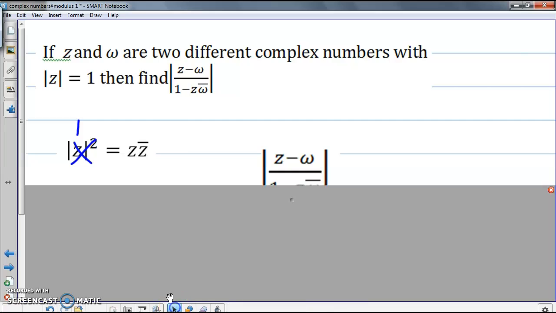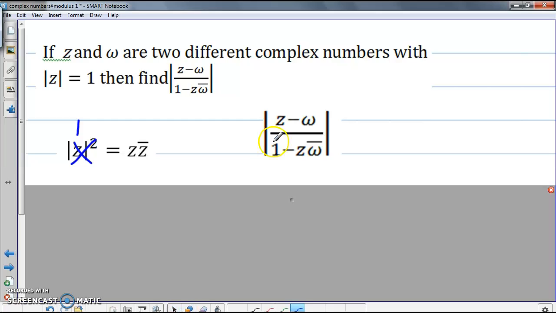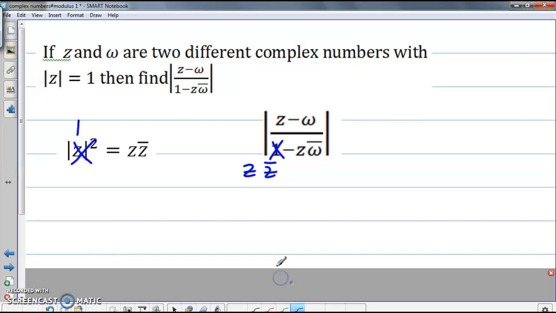Now we put z conjugate in terms of this one, and we write this modulus as modulus of the numerator upon modulus of denominator.